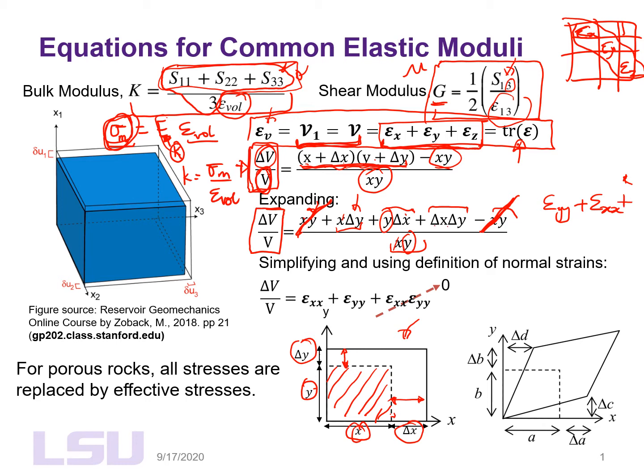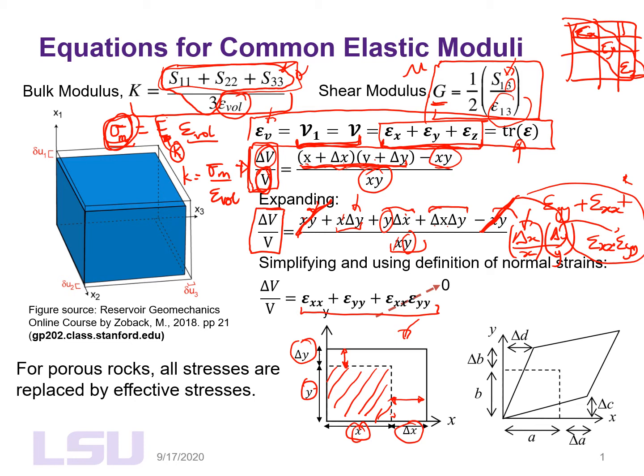And this is delta x times delta y divided by x times y. So that's epsilon xx, which is this, times epsilon yy, which is this. And that's your expression right here.